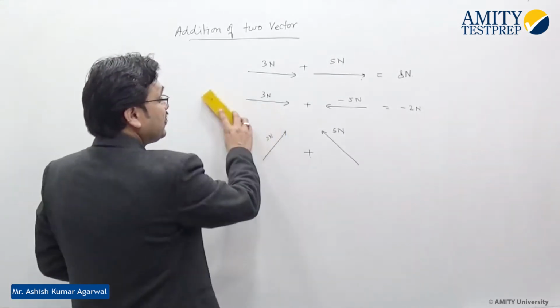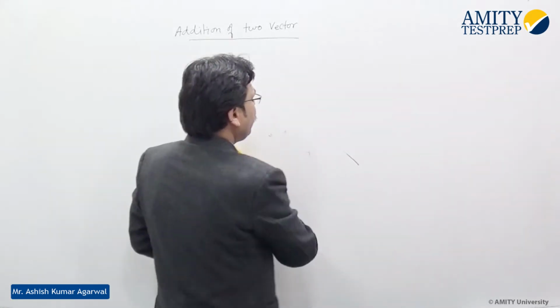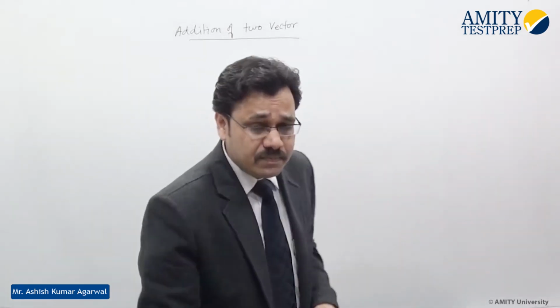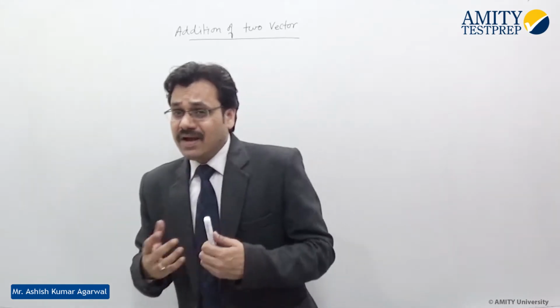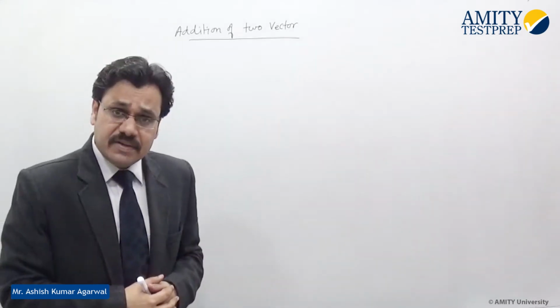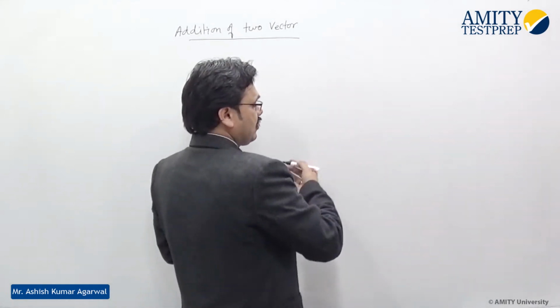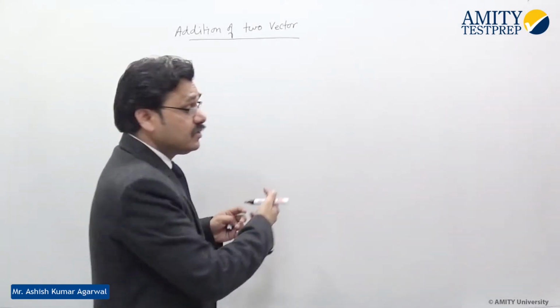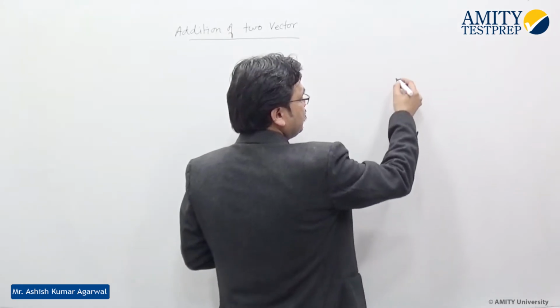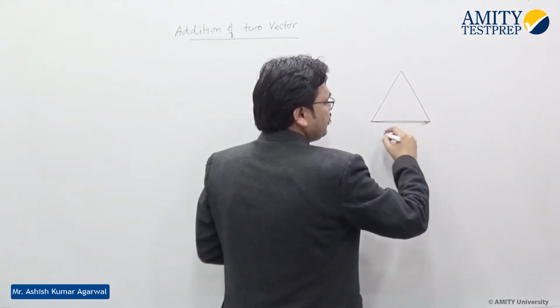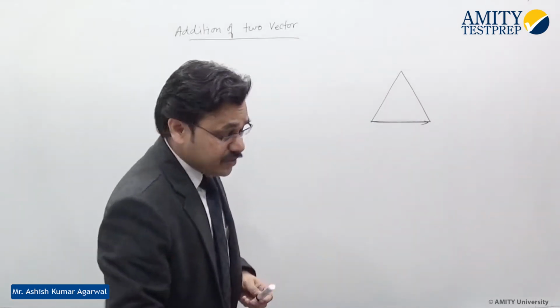There are certain ways to find the addition of these two vector quantities. First one, you can do it by the triangle method. In the triangle method, you place these two vectors in the form of a triangle.